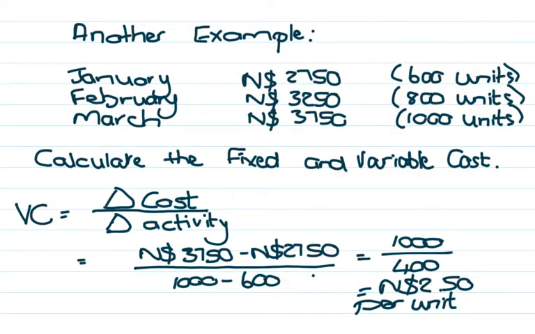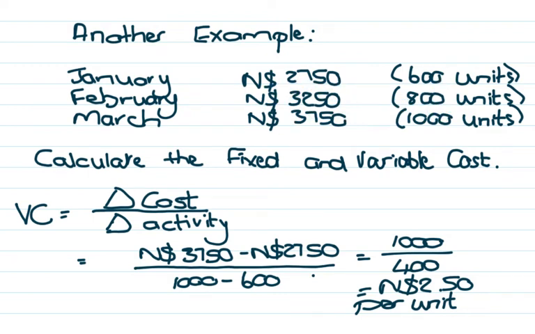Here's another example. We have 3 months. Now remember, to do this method, you need at least a highest and a lowest, so you need 2 observations. All right, so in January, I had 600 units that cost me $2,750. In February, I had 800, which cost me $3,250.